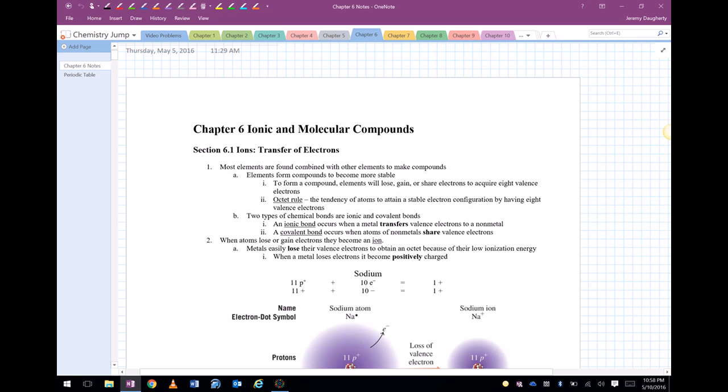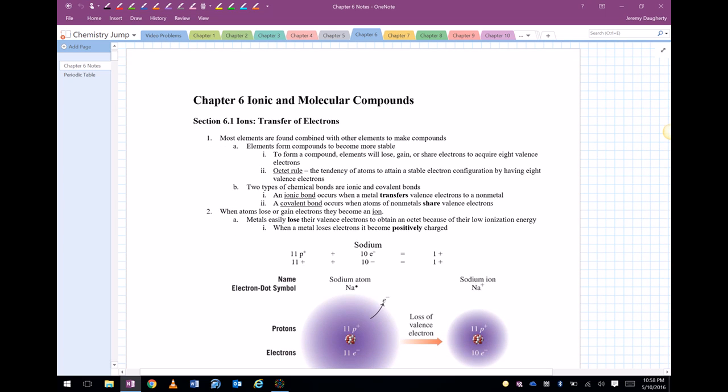So most elements that are found in nature, they're not found as elements. They're actually found as compounds, and we're using the word compound loosely here. But why? Why are they found as compounds? Well, as it turns out, elements form compounds to become more stable.